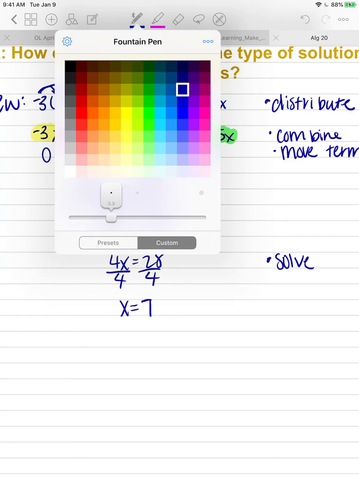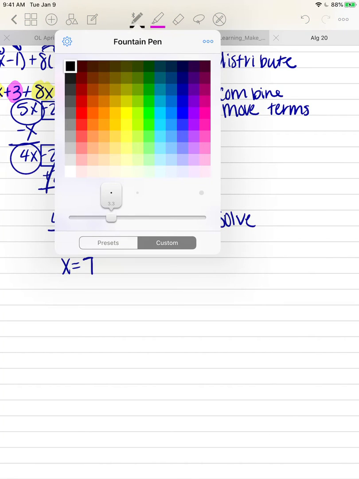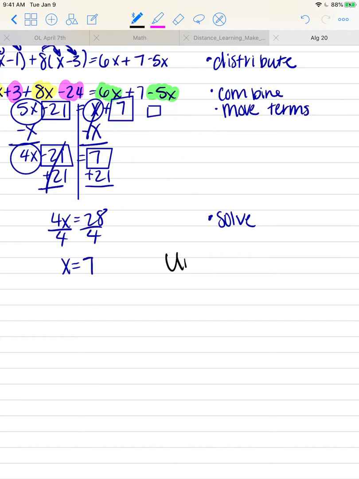This is what we call a unique solution. What that means is that there is, actually, you can't really see that, I'm sorry. This is a unique or one solution.